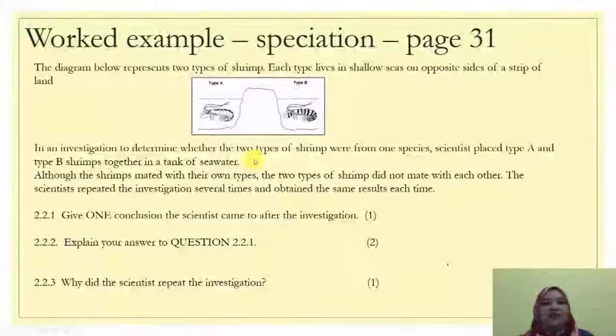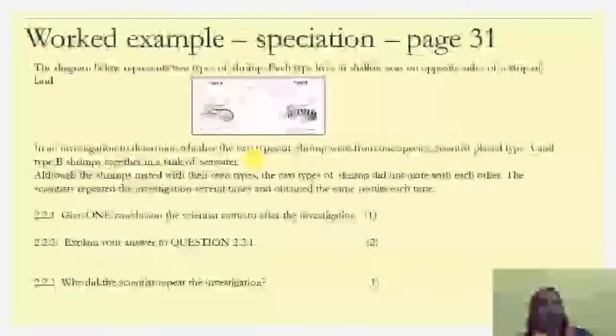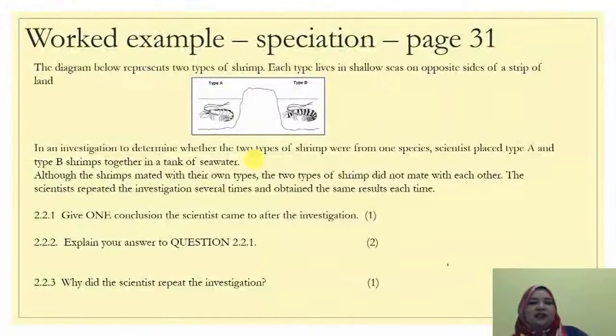If they are the same species, let's go back quickly. What makes 2 organisms belong to the same species? They must be able to interbreed and they must produce fertile offspring.